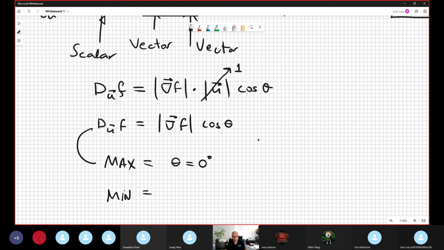So the maximum directional derivative of the function f is equal to the magnitude of the gradient. Conclusion.